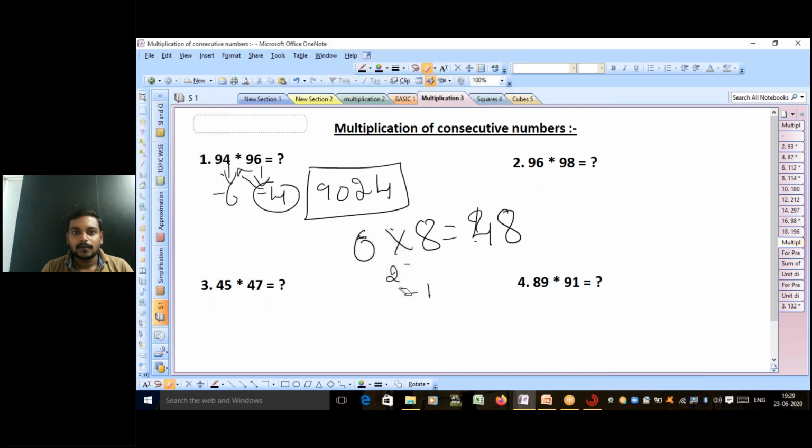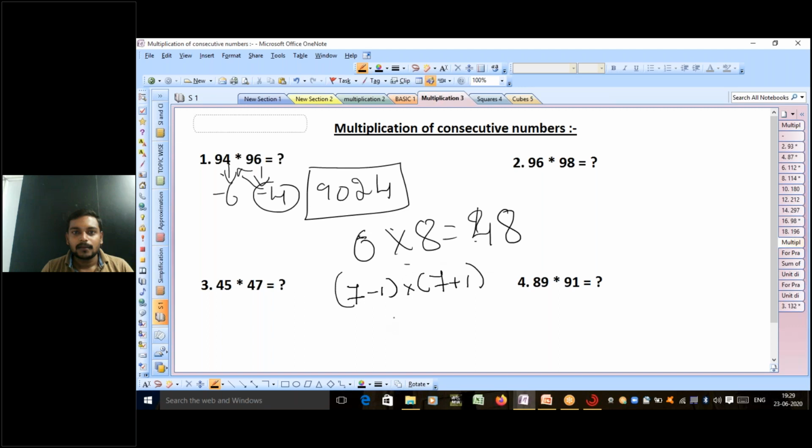If I go with the basic concept, 6 and 8 can be taken as 7 minus 1 into 7 plus 1. It is in the form of a plus b into a minus b. What is a plus b into a minus b?